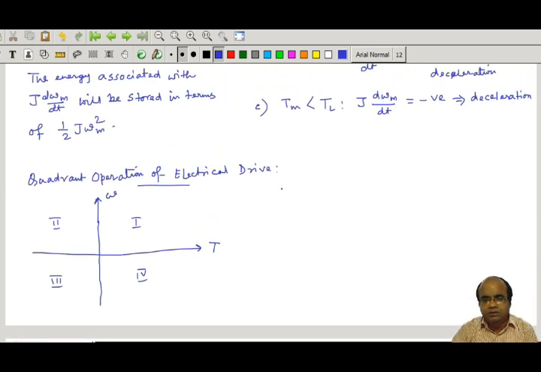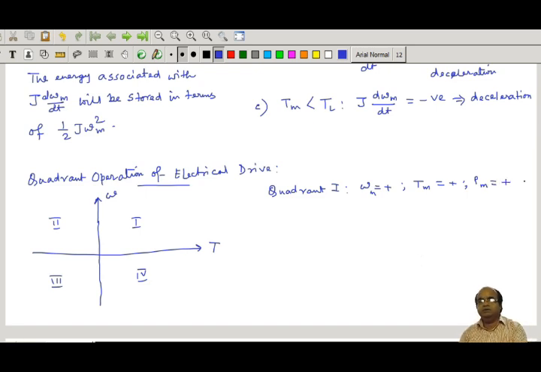For quadrant 1, omega is positive, motor speed omega m is positive, motor torque is also positive, then motor power is also positive.